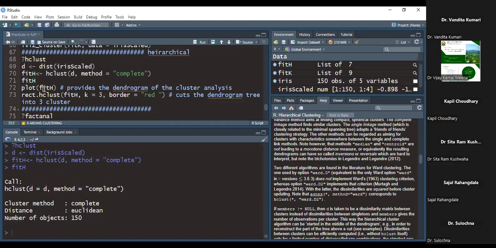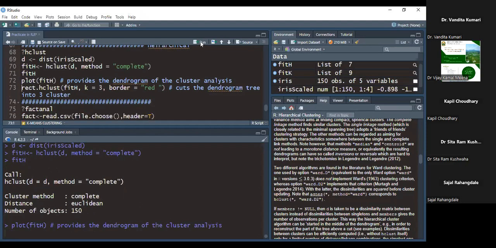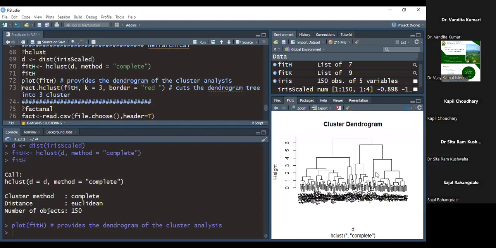Now we'd like to see the dendrogram, the plot of this fitted cluster analysis. So plot fitH. This will provide the dendrogram of the cluster analysis. So this is the dendrogram. These are each of the values. It's looking clumsy because they've come together.